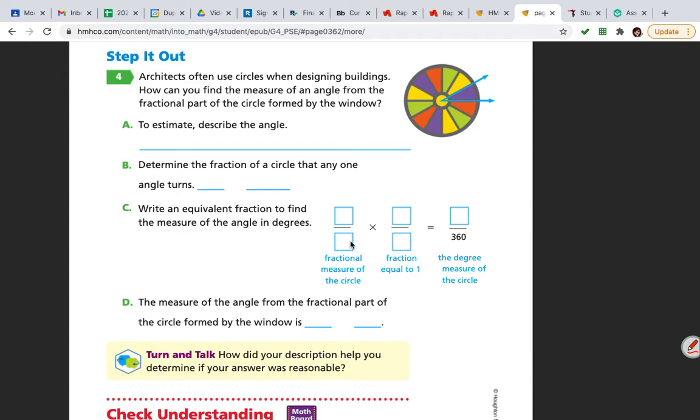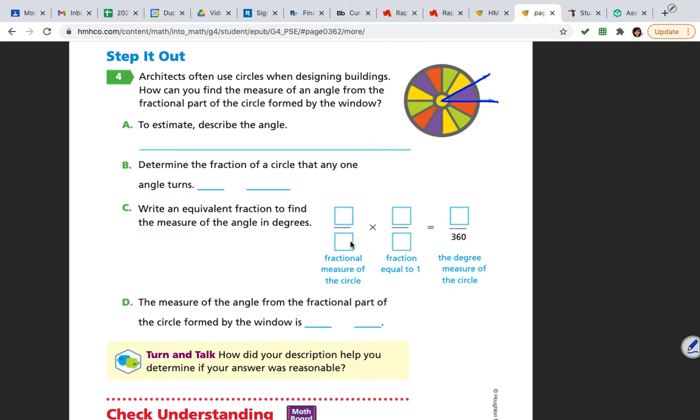How can you find the measure of an angle from the fractional part of the circle formed by the window? So this is a window. So find the measure of an angle formed by the fractional part of the window. So right here you can see they've kind of cut this piece out right here. So we're talking about that fractional part.